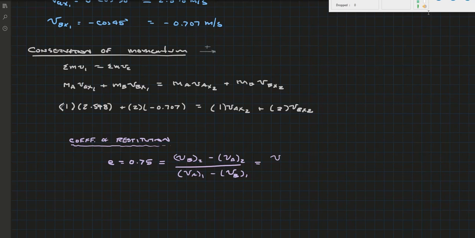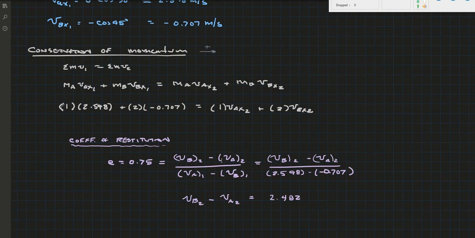So this is going to equal v of B at 2 minus v of A at 2 divided by, and we'll just put our initial values in here that we calculated, 2.598 for the initial velocity of A, minus a negative 0.707 for B. So then we can figure that velocity of B minus velocity of A final equals 2.482.